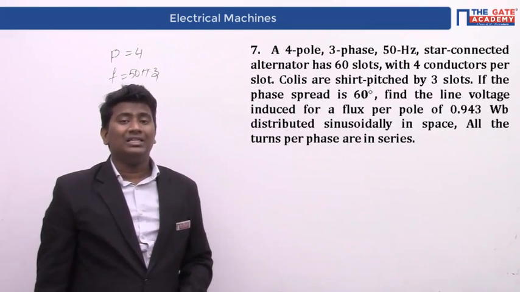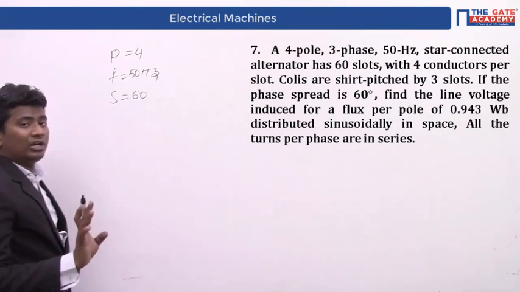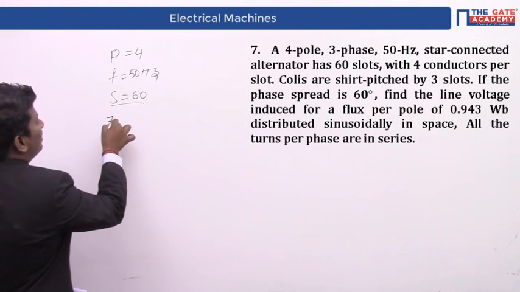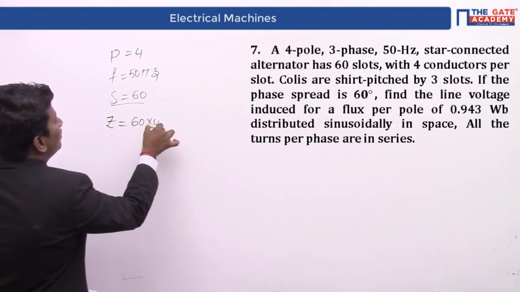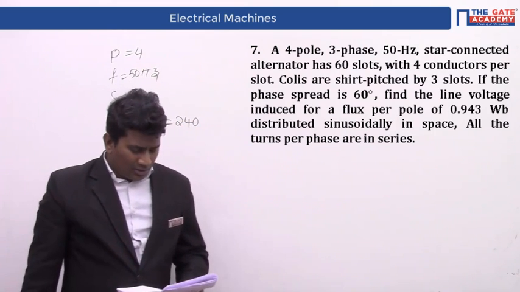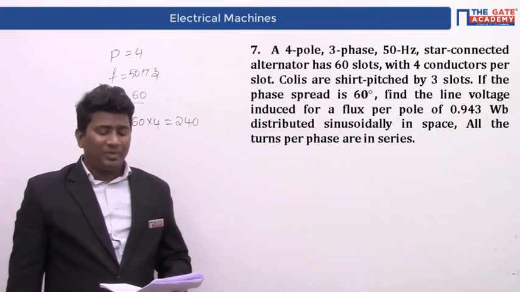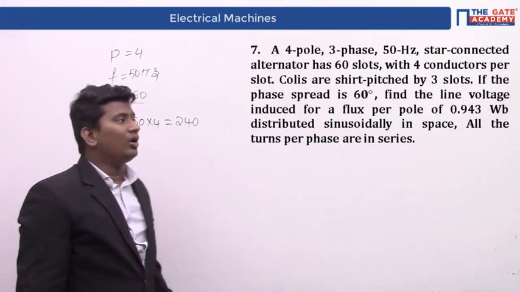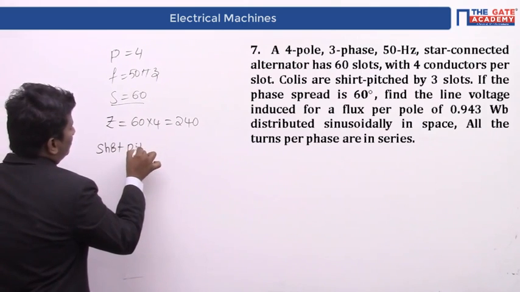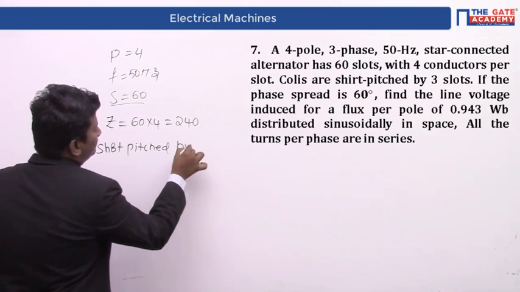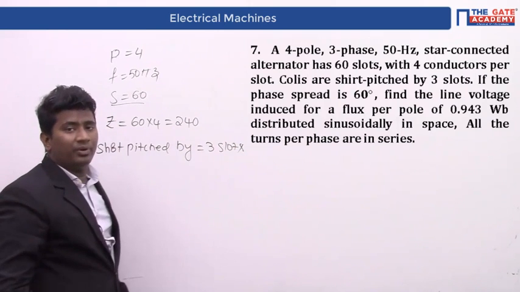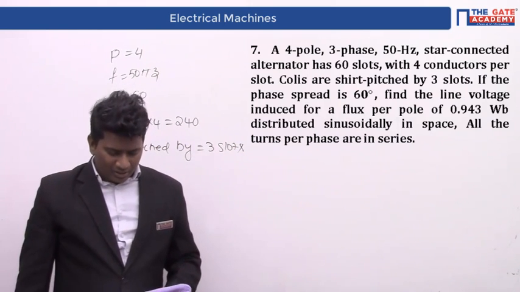Therefore total number of conductors is 60 into 4, that is equal to 240 conductors. Coils are short pitched by 3 slots. Remember, this is a very important point.